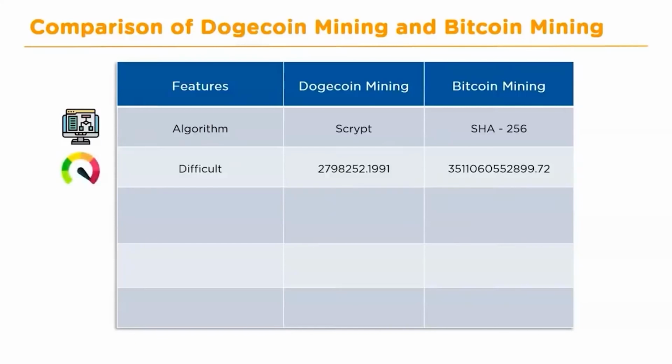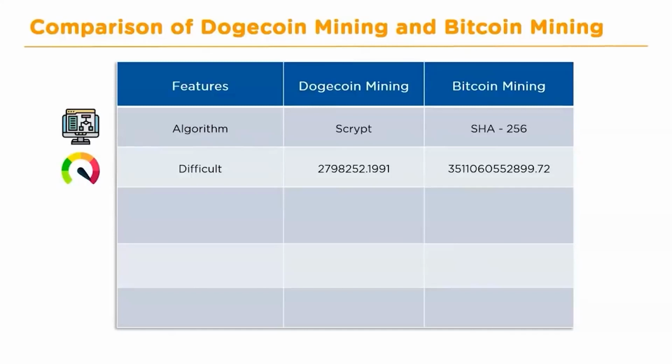Second is difficulty. This represents the complexities and challenges faced by miners to mine each block of the blockchain of any cryptocurrency. In difficulty, Dogecoin is 2,798,252. Bitcoin is 3,511,060,552,899.